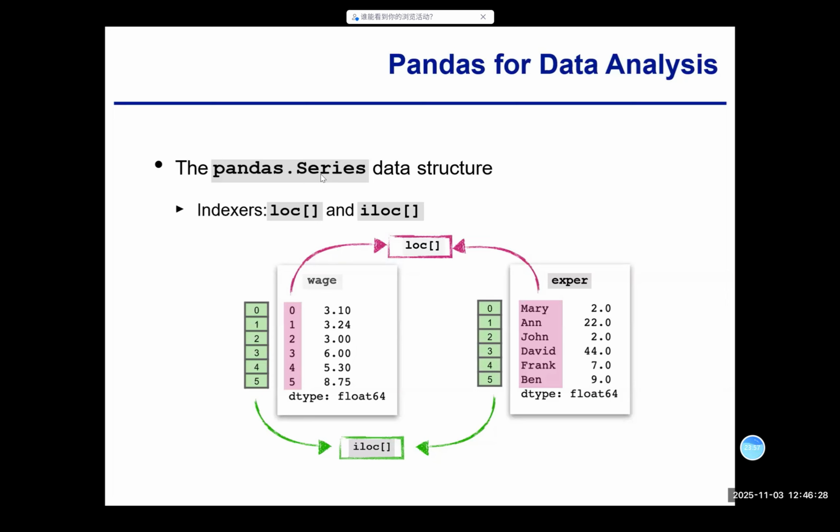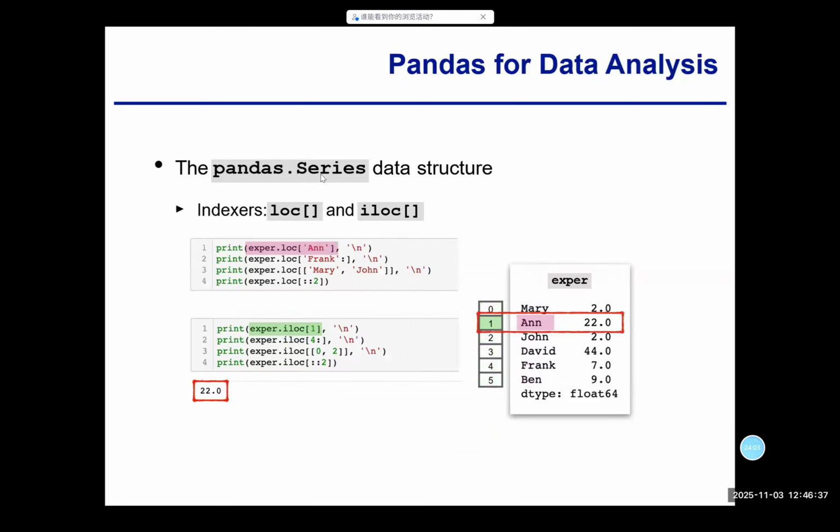After introducing those two methods, let's take a quick look at how they can help us distinguish the two systems. Here I'm giving you a pair of Python code cells, and the outputs they generate are exactly the same, using two separate systems. On the top, we are using the pink system, the label-based system, where we use loc.